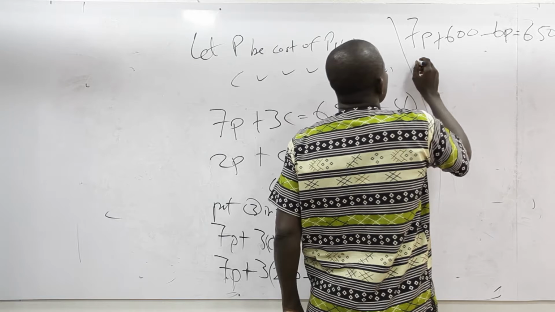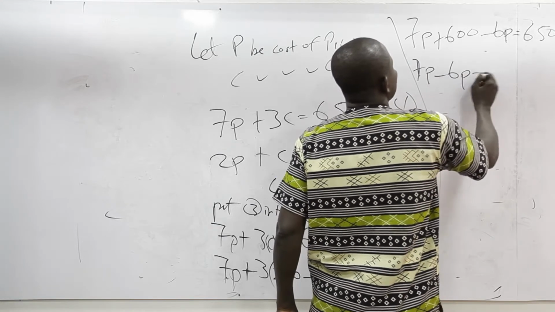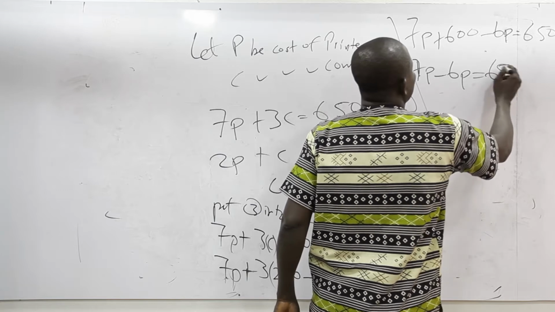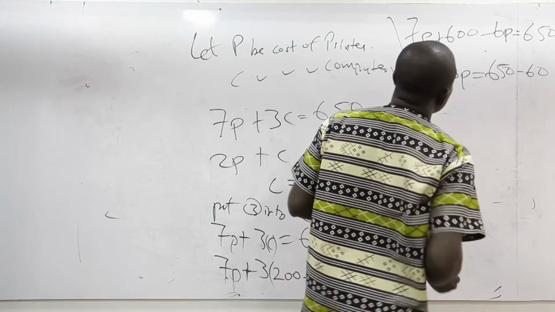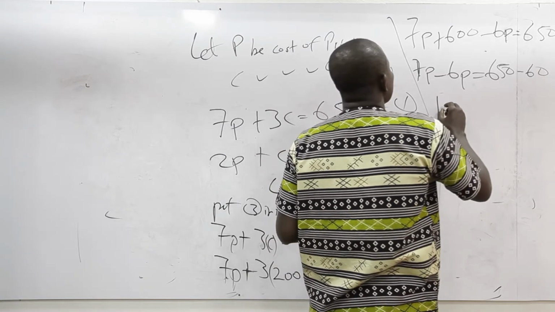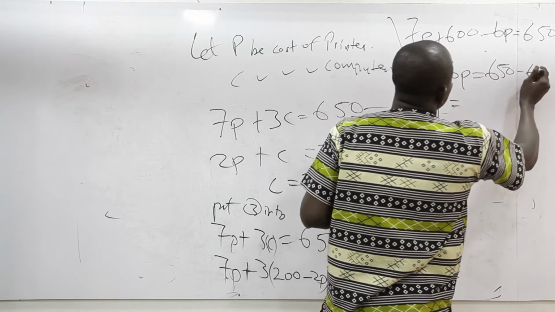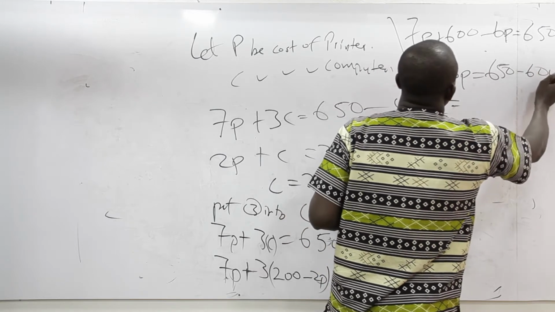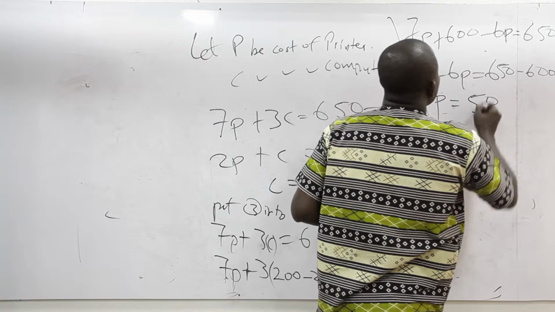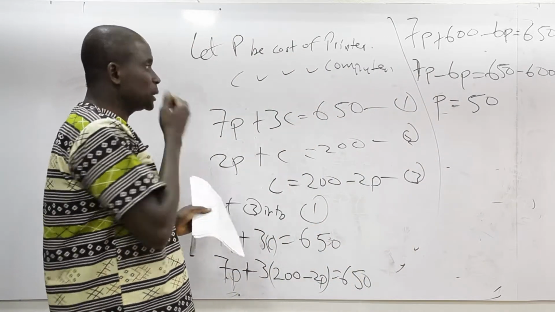So here becomes 7P minus 6P is equal to 650 minus 600. Why is it 600? Because the 600 here crosses. So here becomes 1P, which is the same as P is equal to what? This is 600. So it becomes 50 cedis straight away. So P, the cost of printer, is 50 cedis.